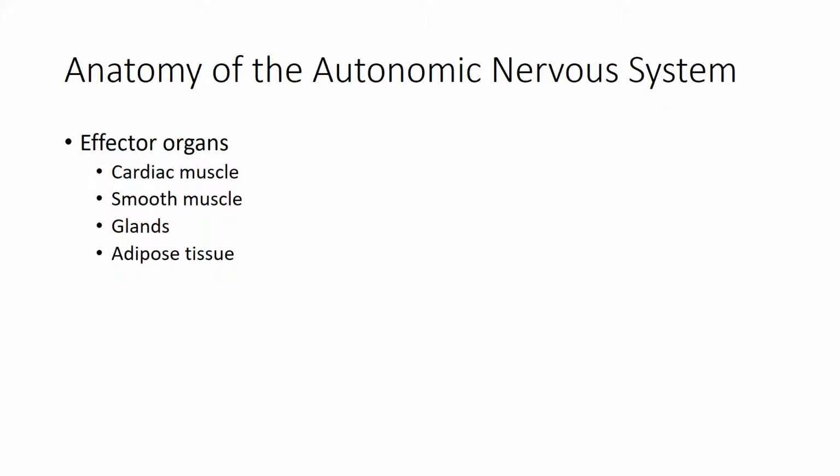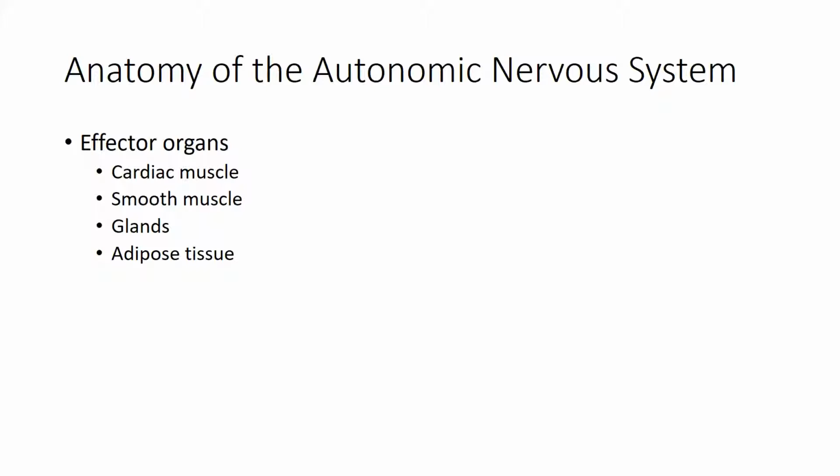Now, the effector organs of the autonomic system are many. We talked about this before. We have the cardiac muscle, we have smooth muscle, we have glandular tissue, and we have adipose tissue. Right, so these are the parts of the body that we're not voluntarily controlling. We cannot control our smooth muscle.